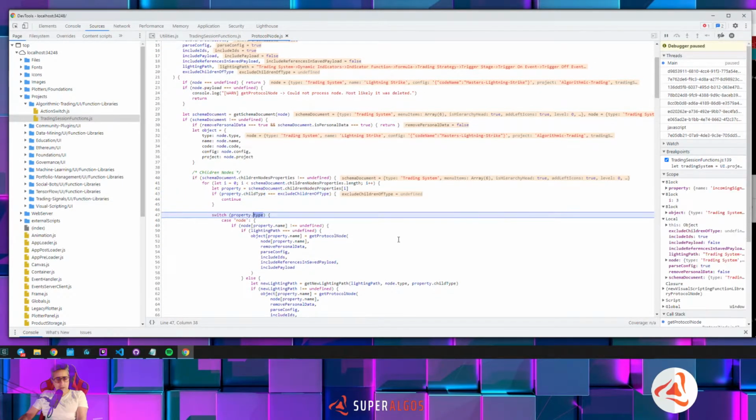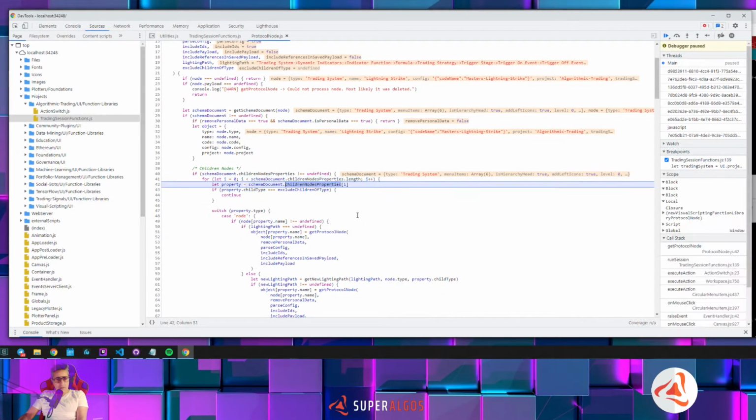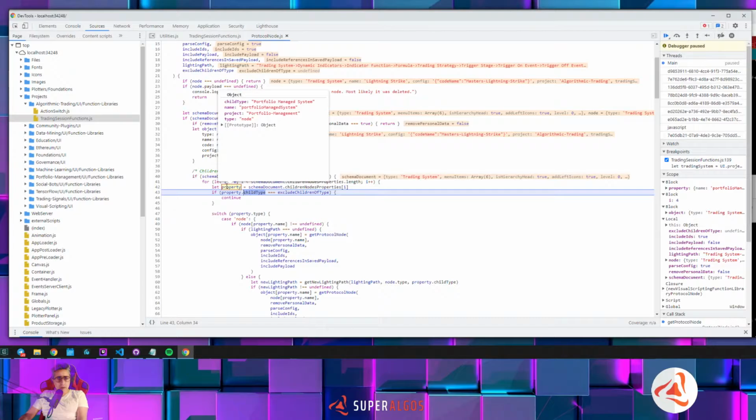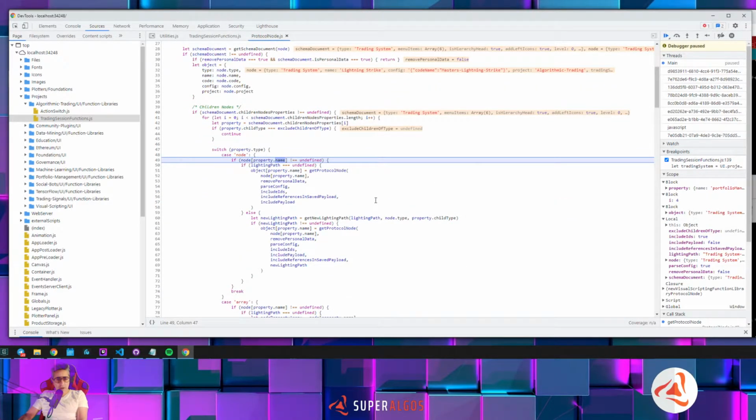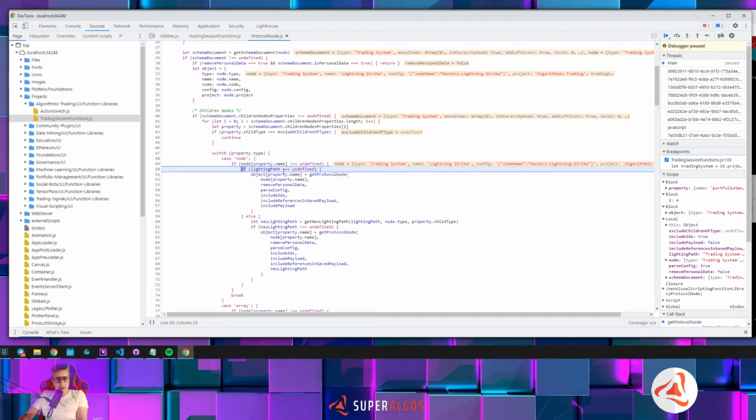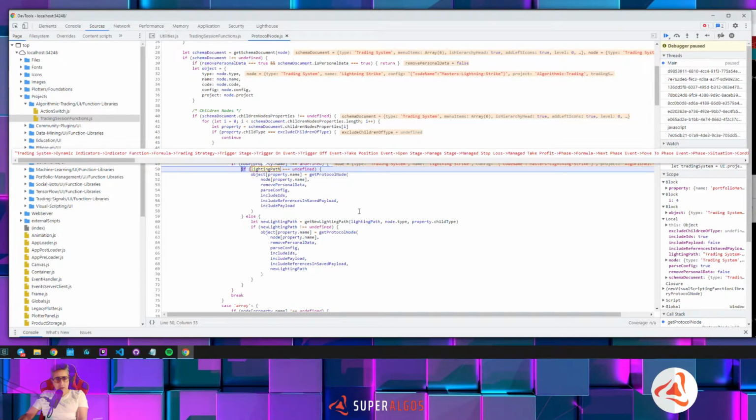Incoming signals. Property. Portfolio manage system. This looks good. So what happens here? Is it not undefined? Yes, the lighting path is not undefined.